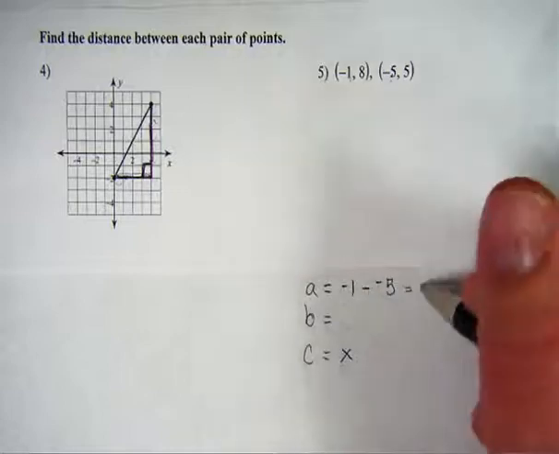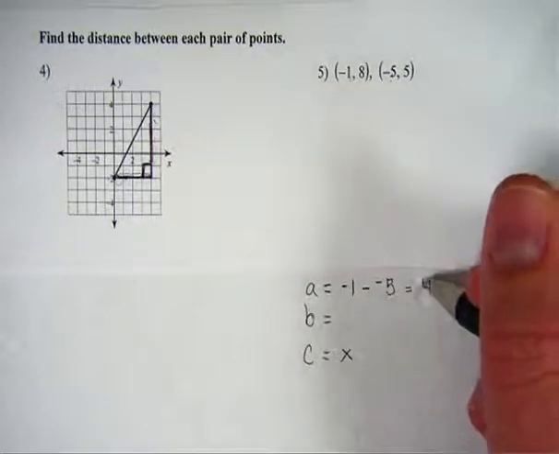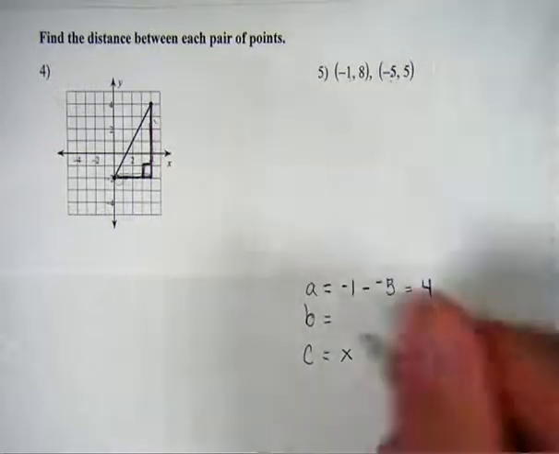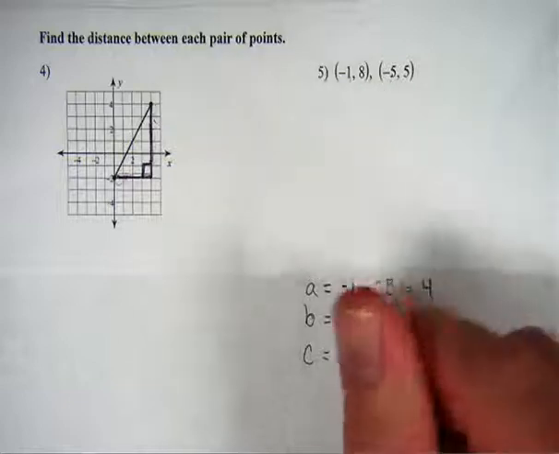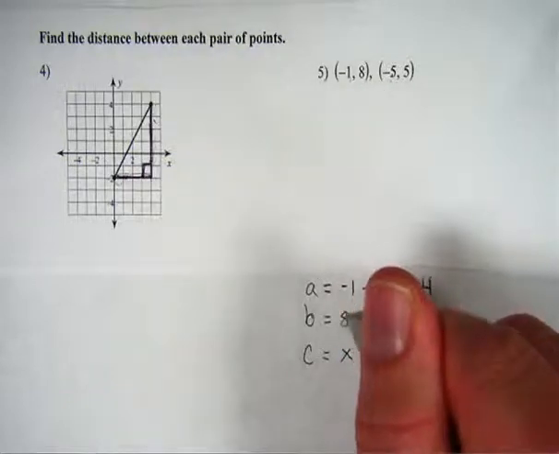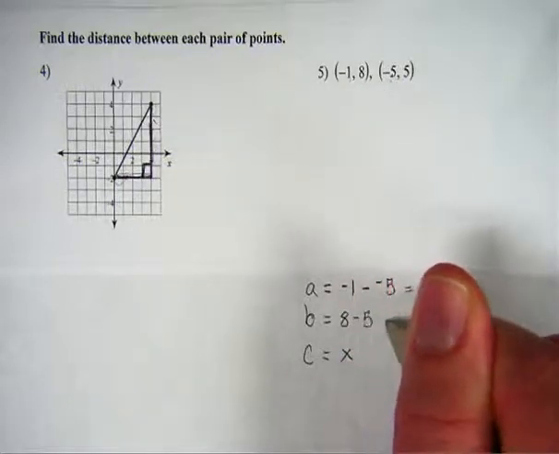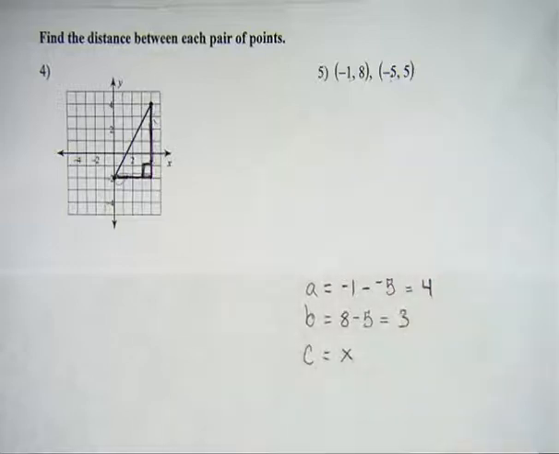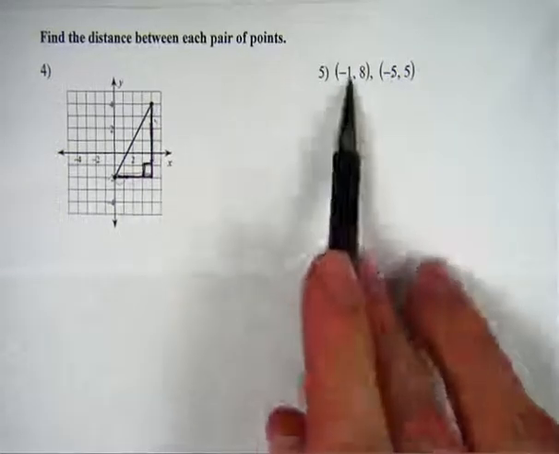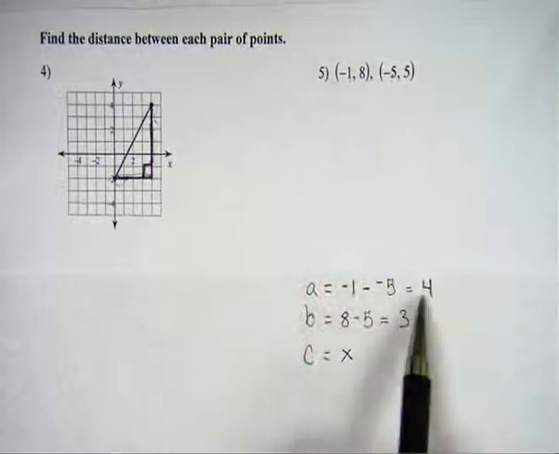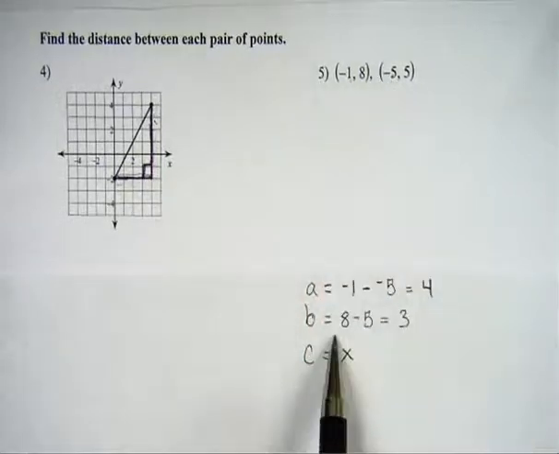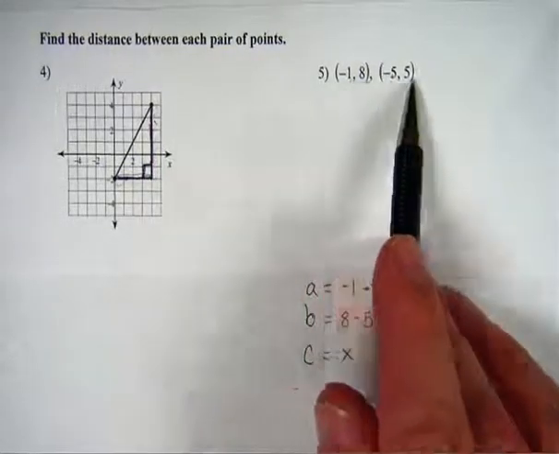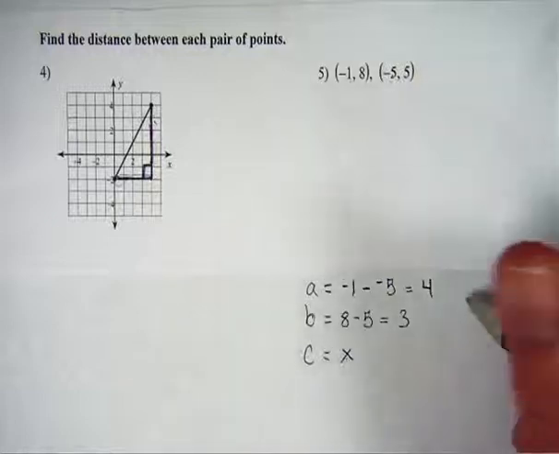That's the same thing as -1 plus 5, so that tells me that A will be 4. For B, I take my biggest y value and subtract the smaller one, and so I know that B will be 3. So again, to find A, I took the bigger x value minus the smaller one. For B, I took the bigger y value minus the smaller one, and C will be x.